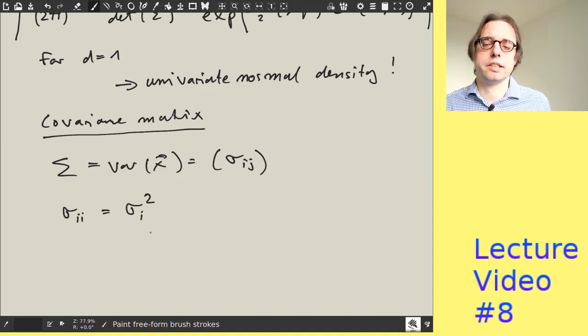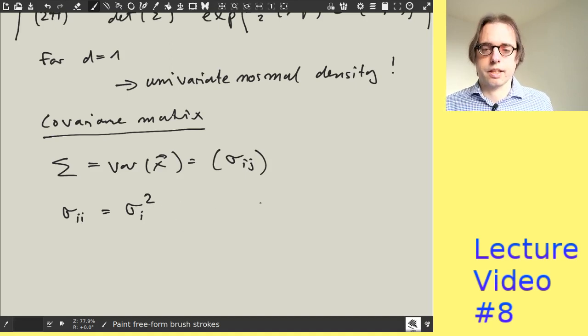So you often see these two things. This is a little bit confusing. If there are 2 indices, it's really an entry of this matrix, and the diagonal entries, the ii entries, correspond to the variances, and the variance, of course, you write with a square.